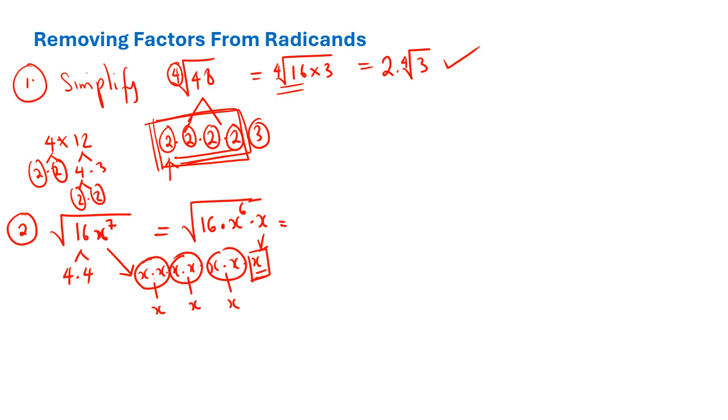So now to simplify this, I'll just take the square root of 16, which is 4, and the square root of x to the 6th will be x times x times x, which is x to the third power. So that escapes from the square root. So these are the numbers coming out from the radical sign. So then I have a single piece of x which cannot get out of the radical sign. So it'll be the square root of x. So this is how you finish that off.